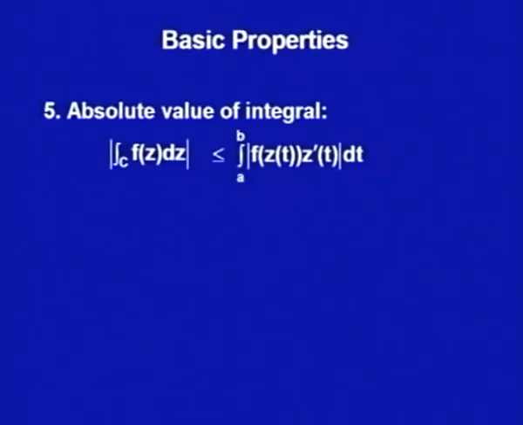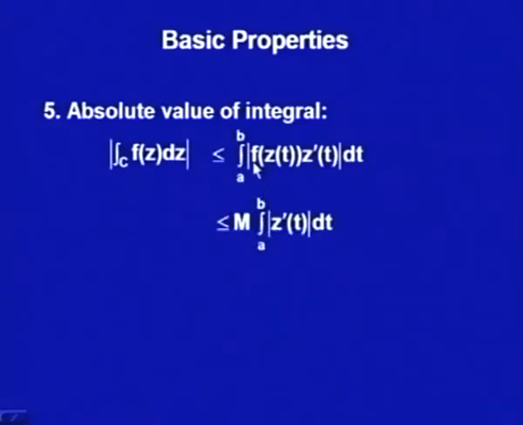Now, this f(z(t)) times z'(t), its modulus, absolute value: we do know that the absolute value of the product of two complex numbers is nothing but the product of the absolute values. So, we could write it as absolute value of f(z(t)) times absolute value of z'(t).